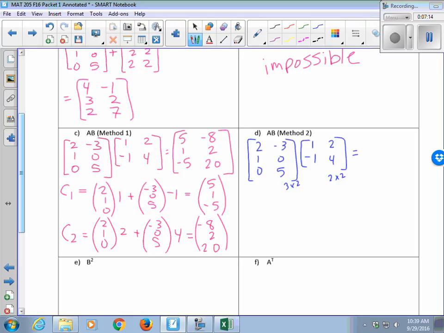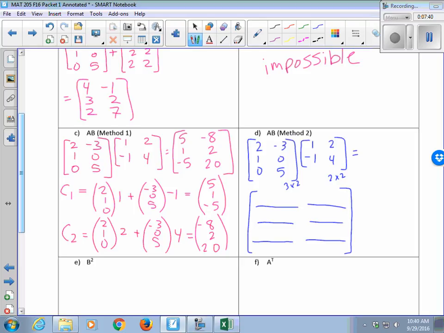So I'm going to put a blank 3 by 2 matrix to fill in here. A big 3 by 2. 3 rows, 2 columns. So I've got 1, 2, 3 entries in 2 columns. All right, now I'm going to do the other method that we learned for multiplying a matrix times a vector.